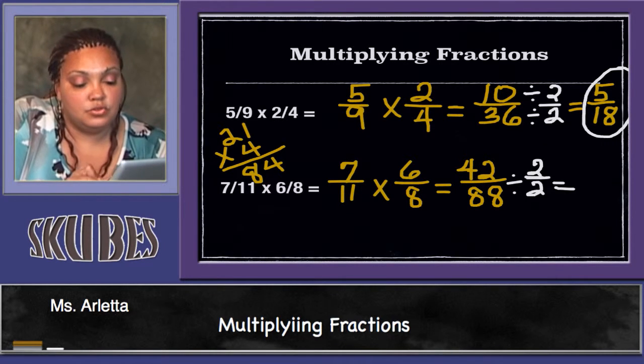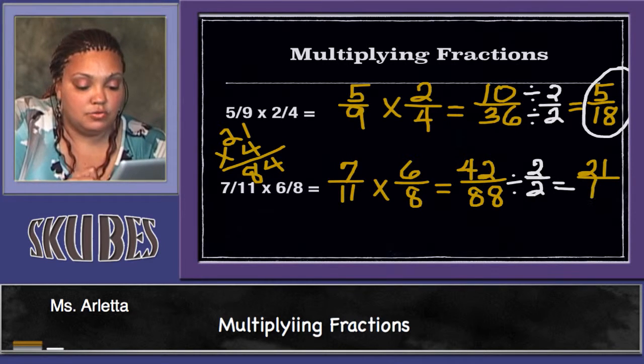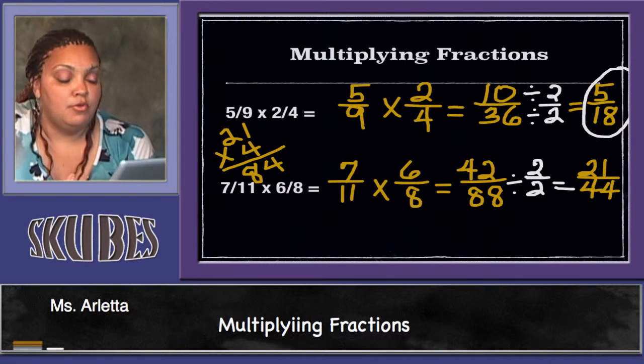42 divided by 2 is 21. And 88 divided by 2 is 44. Being that these are large numbers, you're constantly asking yourself before you say, this is my final answer, is there a common factor between 21 and 44? Well, we know that 1 times 21 is 21.